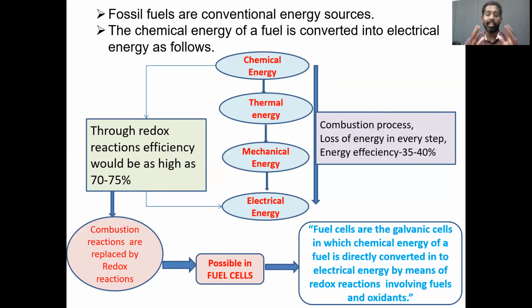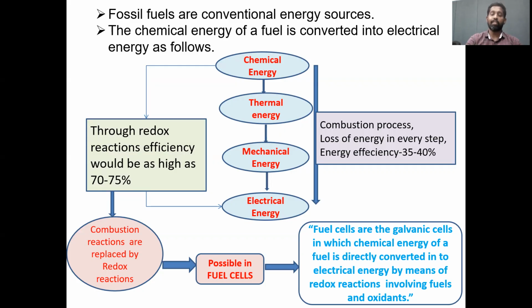The redox reaction is between the fuels and oxidants. So these are simple galvanic cells where we convert chemical energy into electrical energy by redox reaction between fuels and oxidants. Hope it is clear. You should understand this is a simple electrochemical device where we convert one form of energy to another by simple redox reactions.